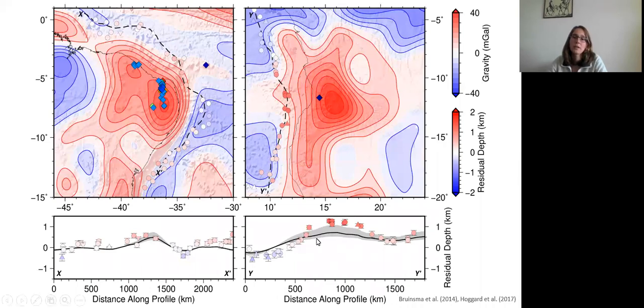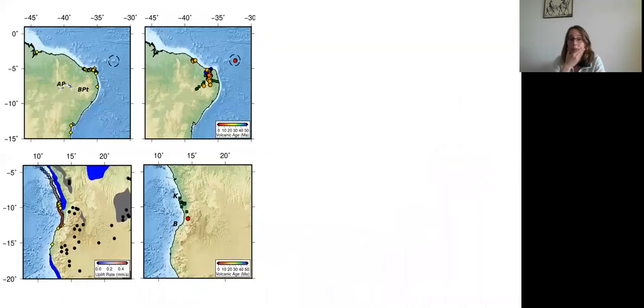These map out the location of the domes very nicely along both margins with these reddish positive residual depths, which is essentially where the seafloor sits at a higher elevation than you'd expect based on the plate cooling model. So pretty sure there's something dynamic going on here. I'm just going to look at the age of the topography as well.